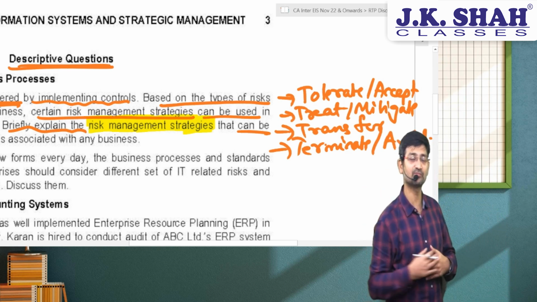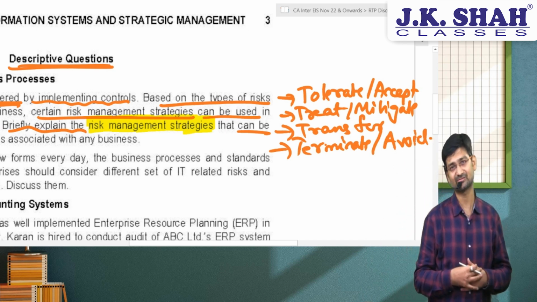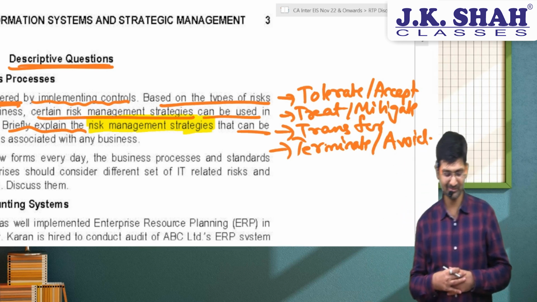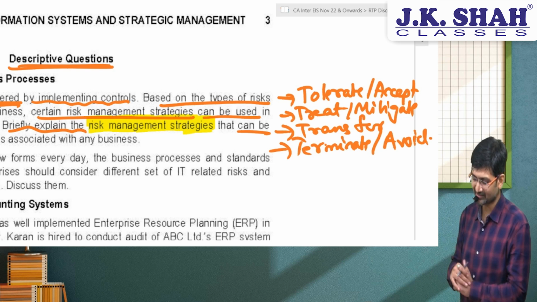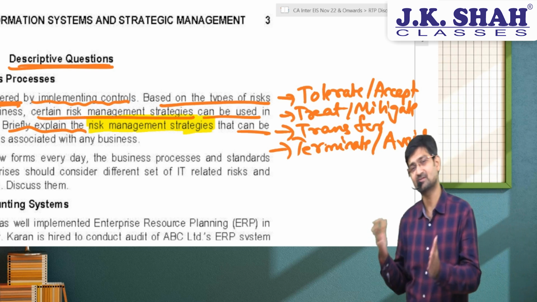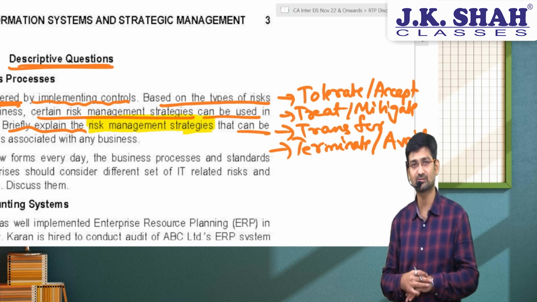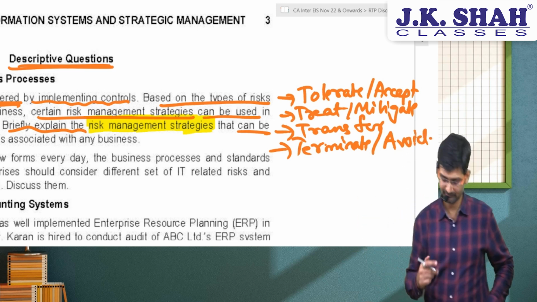So the first MCQ, the 4 points, they were given there itself. That is how, obviously, this was already there in our RTP as it is. In the first question, first MCQ, the 4 options, these were the 4 answers.